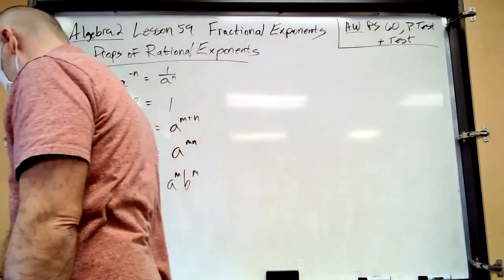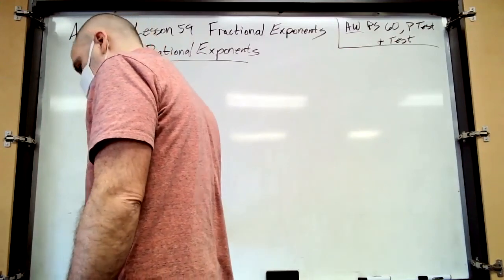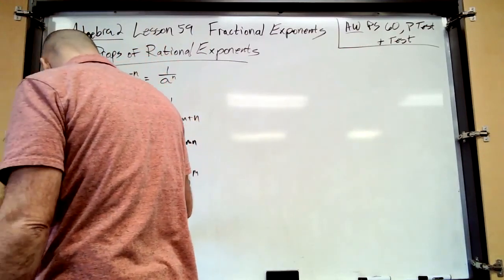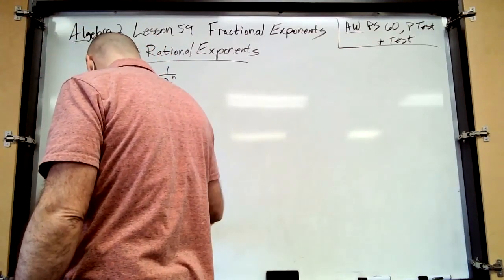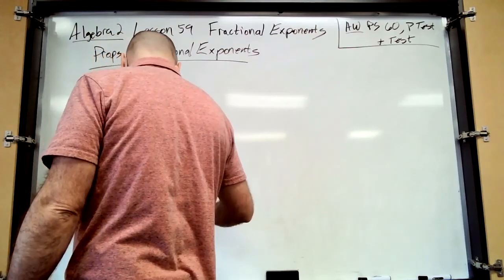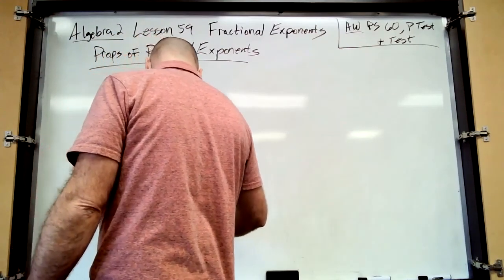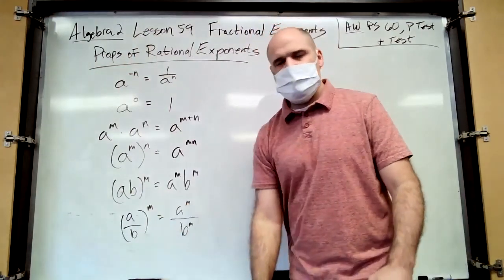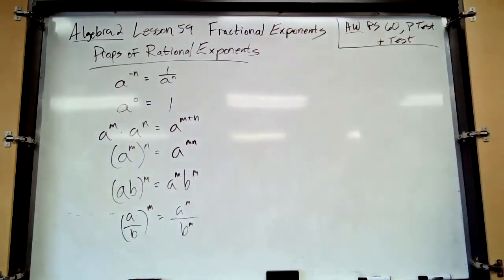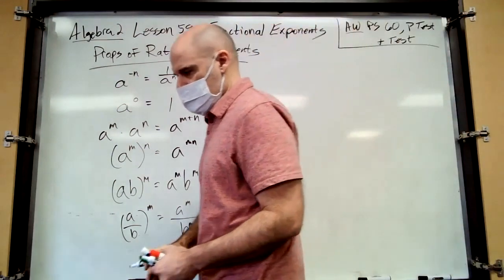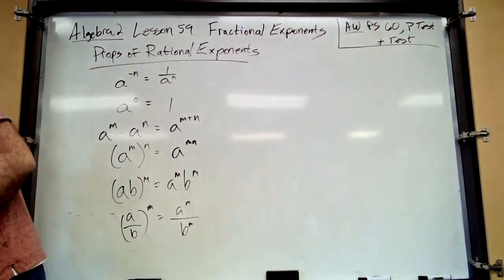So if it's easier for you to copy it down, this is a nice little cheat sheet for you to have. You're just distributing that exponent to everything inside the parentheses, whether it's a fraction or a whole number, it's at the top and the bottom. Okay, so these are some good rules. That's on page 59.